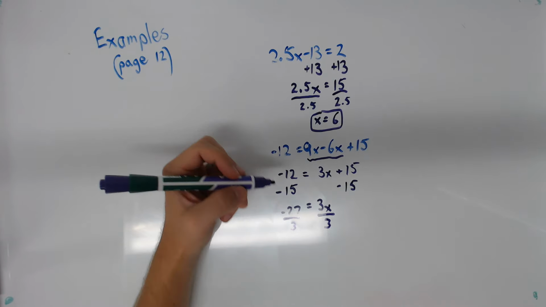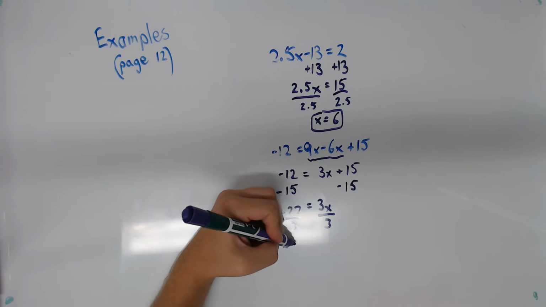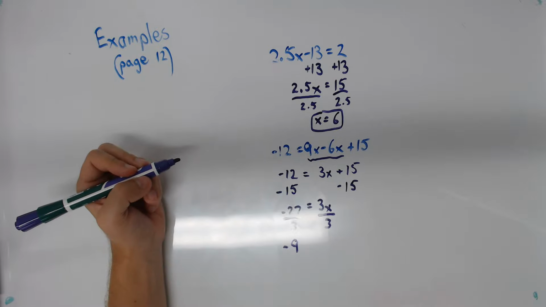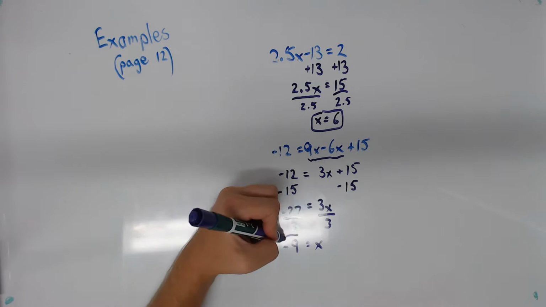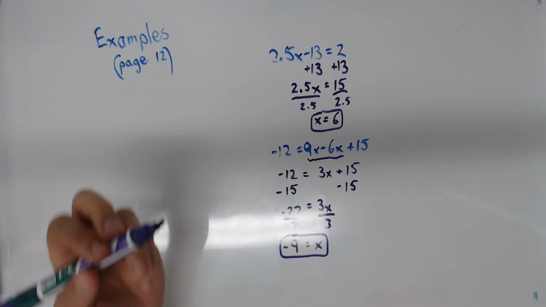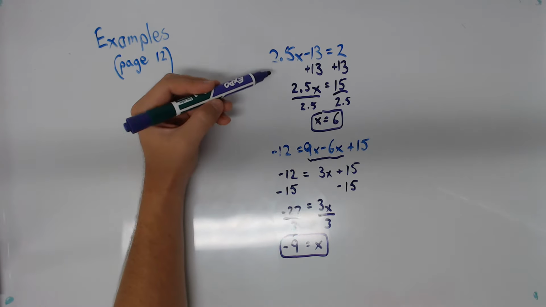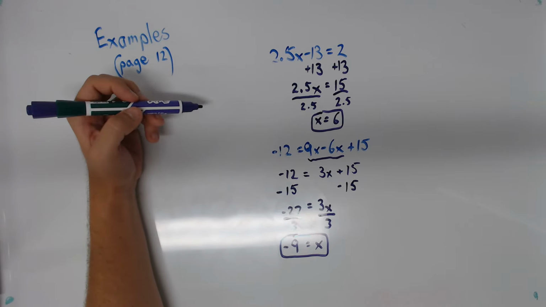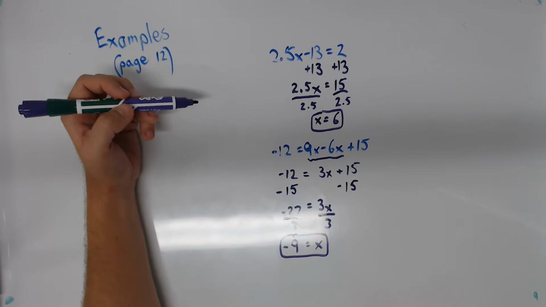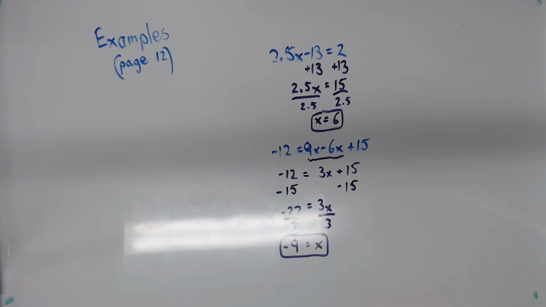Negative 27 divided by 3. A negative divided by a positive is still a negative, so that'd be negative 9 equals x. Now that x is alone, that's solved as well. So this just shows off that idea that opposite order of operations is the easiest way to solve an equation. We'll talk about a different strategy in just a second.